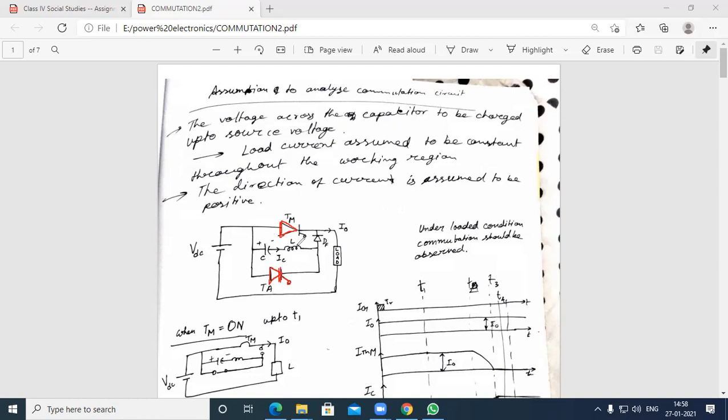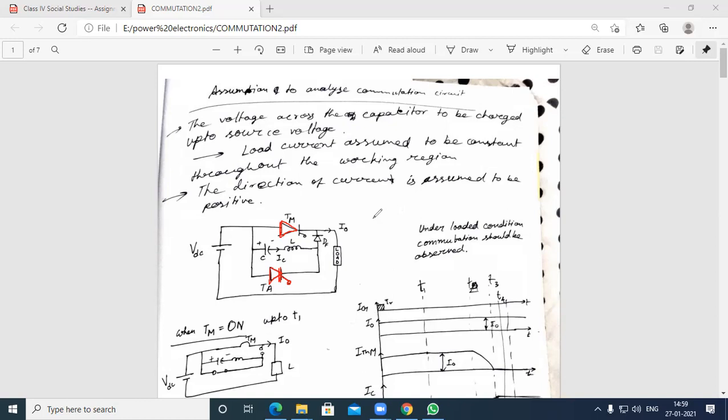Now this is the L and C circuit. With that, the supply voltage and the load current are like that, and a diode is connected in between. Now our aim is to turn off the thyristor.